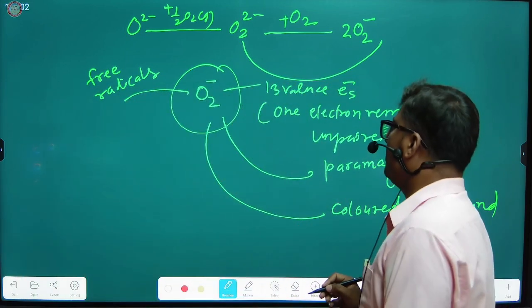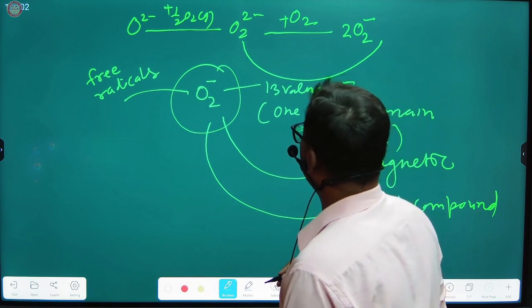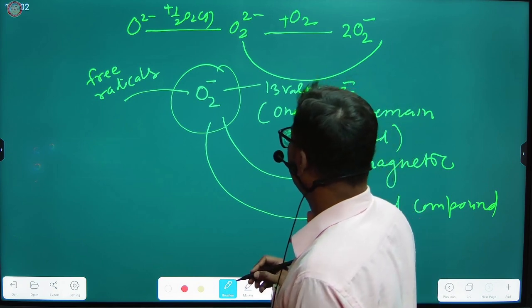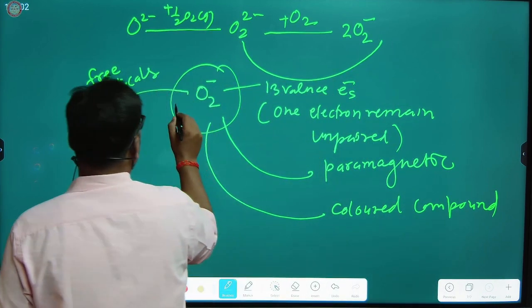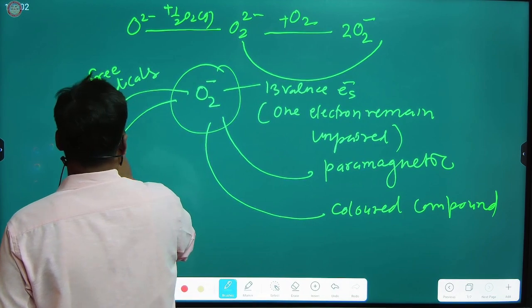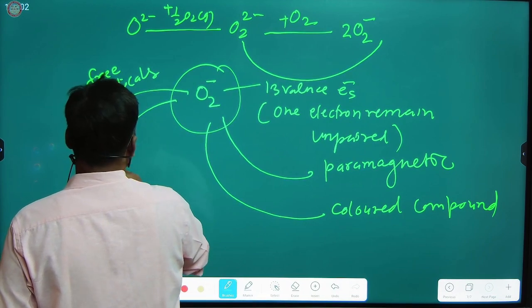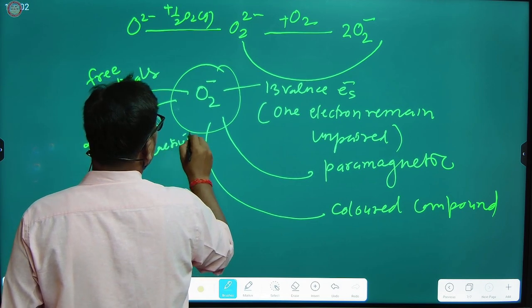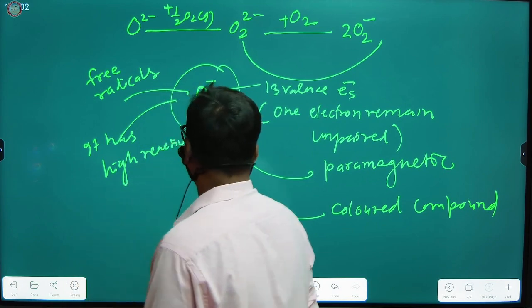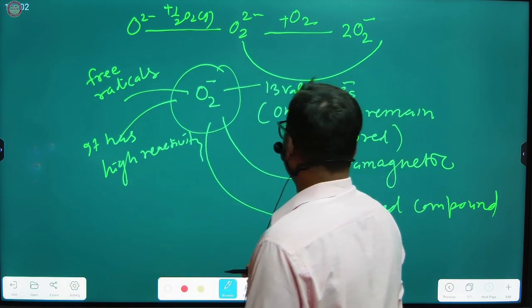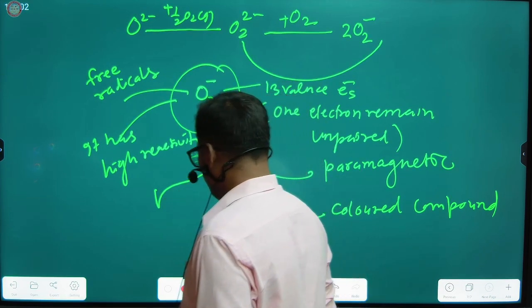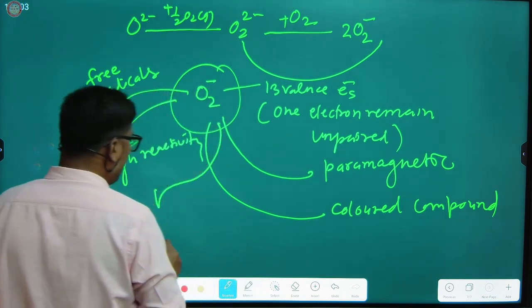One electron is in the anti-bonding molecular orbital. If an electron exists in an anti-bonding molecular orbital, it has high reactivity, right? It also is the most powerful oxidizing agent.